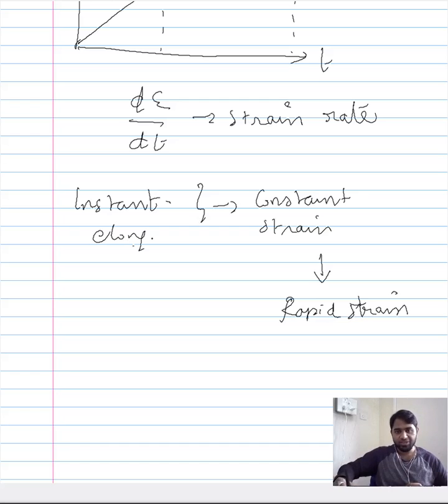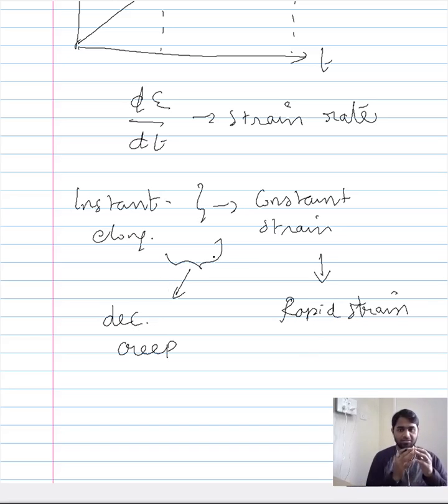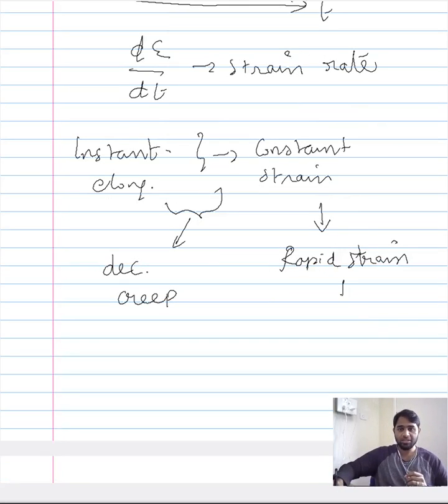Between instantaneous elongation and the constant strain, there is a region wherein the slope gradually decreases. So there is a decelerating creep, meaning there is a gradual decrease in the slope of the curve. Then the rapid strain region, wherein there is a drastic increase in the slope of the curve, would be accelerating creep.